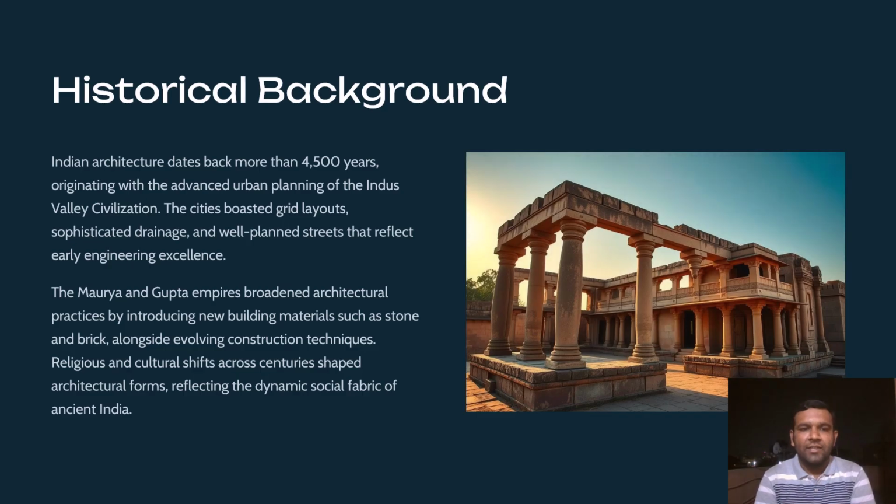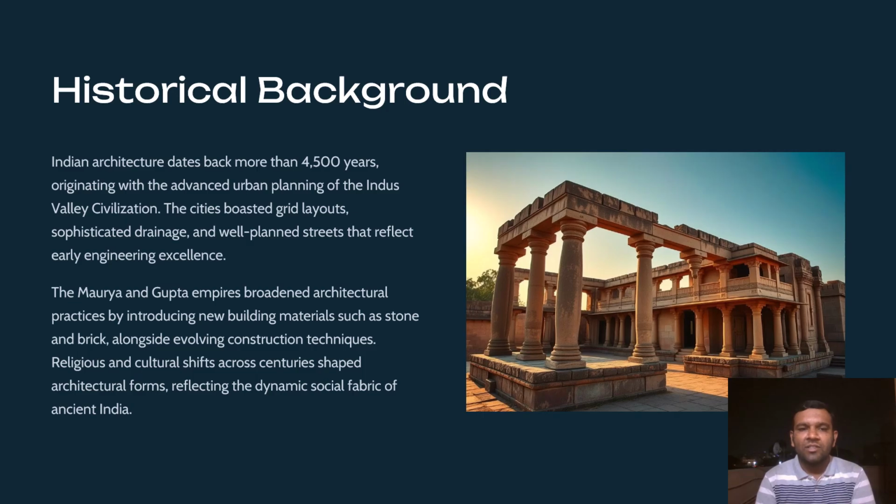The historical background is that Indian architecture dates back more than 4,500 years, originating with the advanced urban planning of the Indus Valley civilization. The cities boasted grid layouts, sophisticated drainage, and well-planned streets that reflect early engineering excellence. The Maurya and Gupta empires broadened architectural practices by introducing new building materials such as stone and brick.